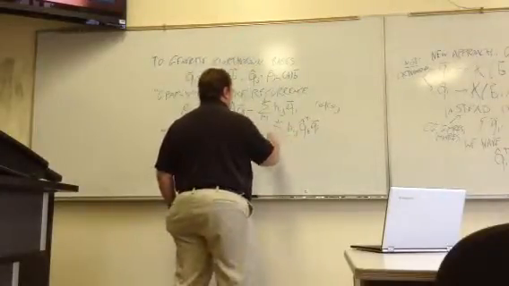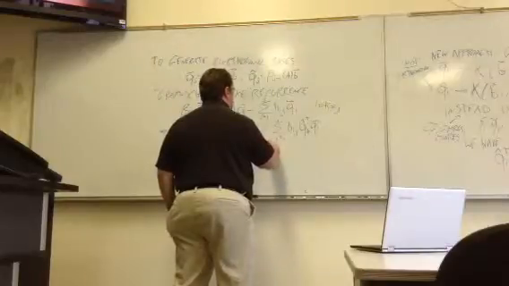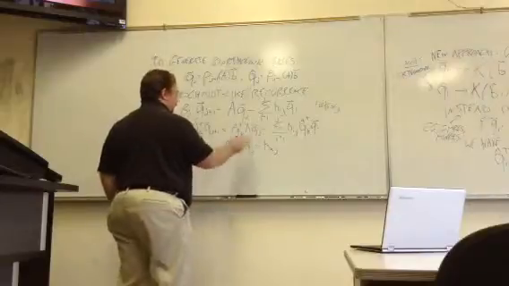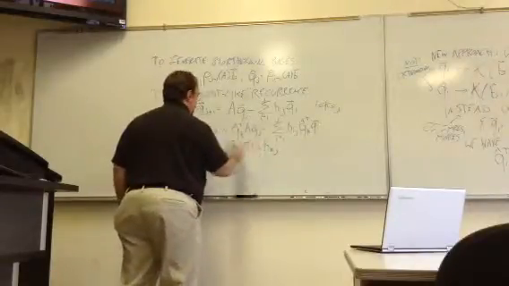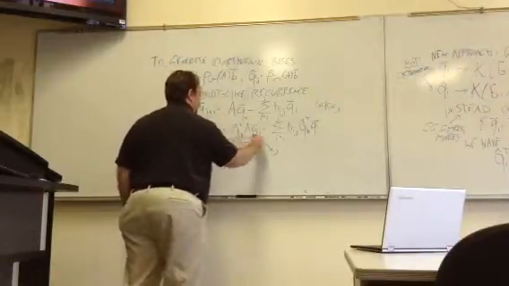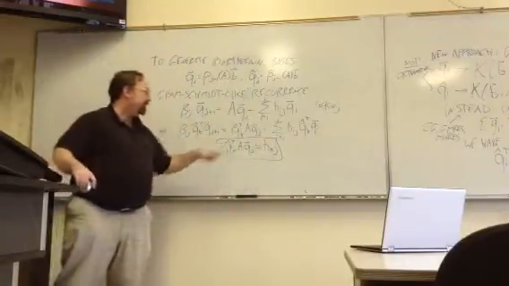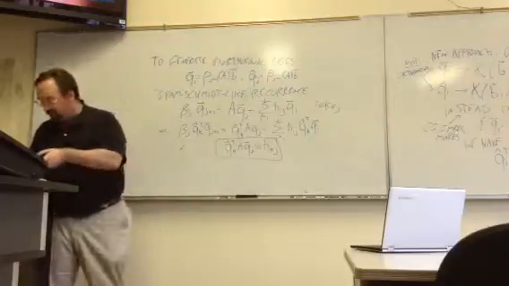So the only thing that's going to be left is H_KJ. So I have this relationship, and actually just by rearranging it, I now have these coefficients in my linear combination are just going to be these dot products.